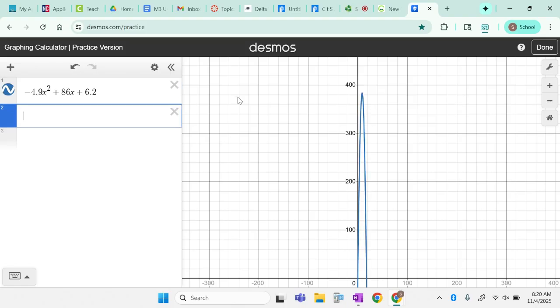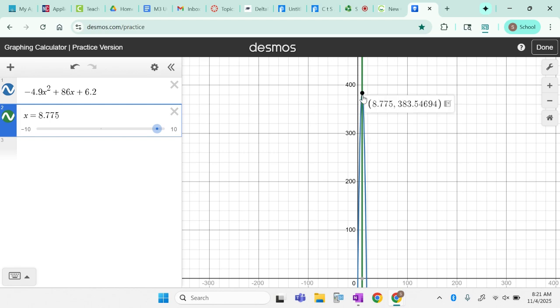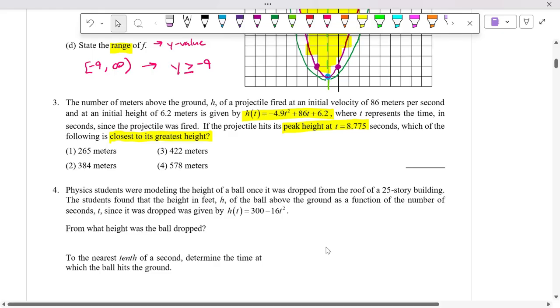We could have plugged it in, so we could have done x equals 8.775 and then find the point of intersection as well. Or you could have plugged in 8.775 into x and evaluated it. So my answer is about 383 or 384. So it would be number 2.